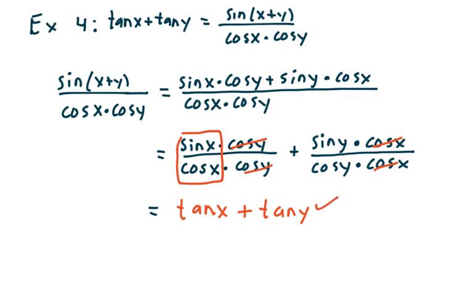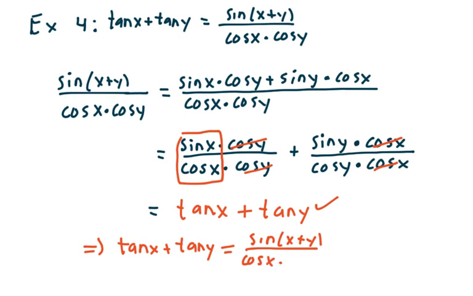And we're done. So that implies tangent x plus tangent y is sine of x plus y divided by cosine x times cosine y. That's example 4. Let's take a look at example 5.